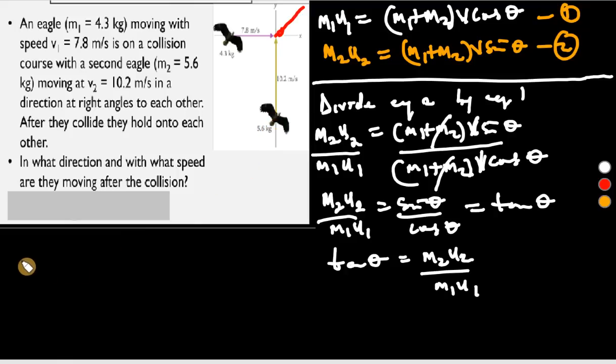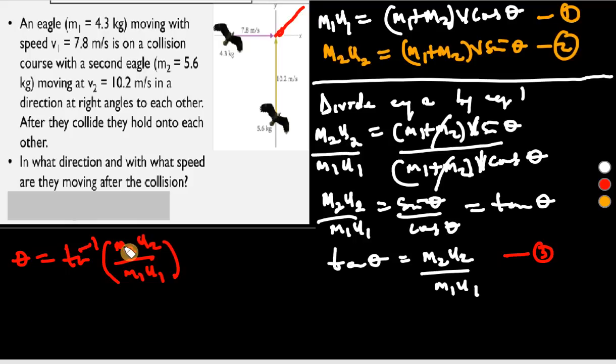So we can now say theta equals, and I can call this equation 3, tan inverse of m2u2 upon m1u1. This is the mass of the second eagle times the initial velocity of the second eagle.